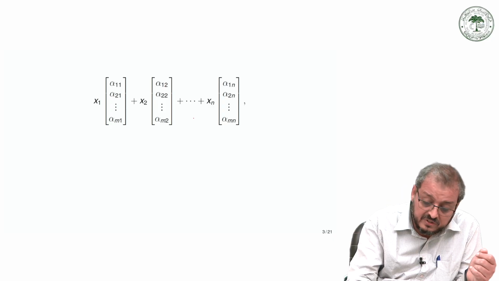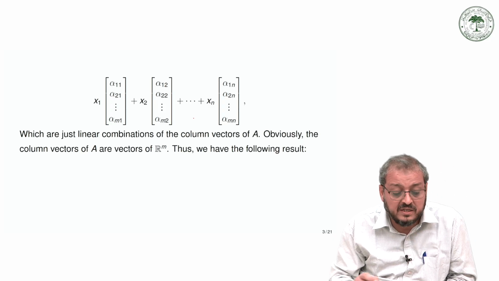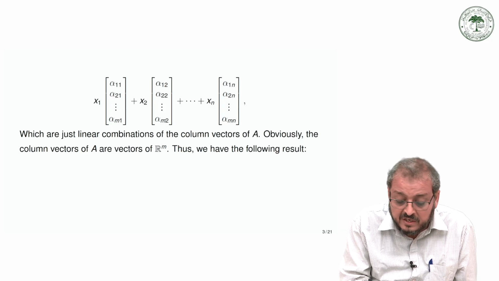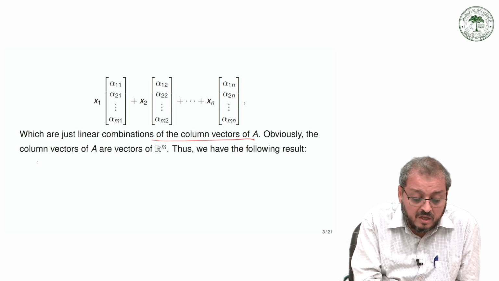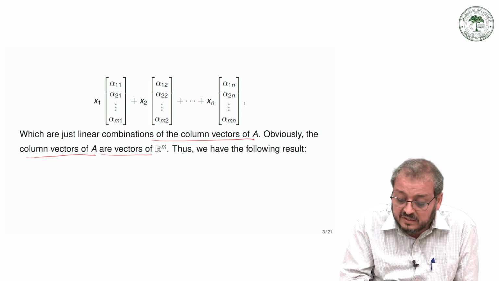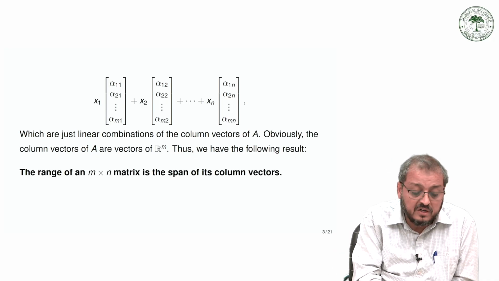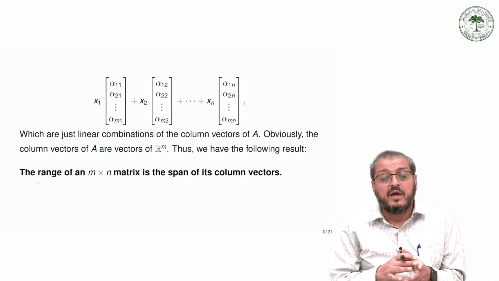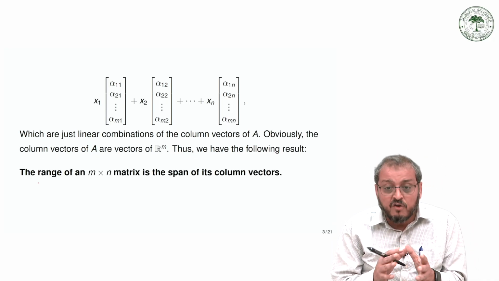Written in this form, it is just a linear combination of the column vectors of A. Obviously, the column vectors of A are vectors of R^m, and thus we have the following result. The range of an m by n matrix is the span of its column vectors.